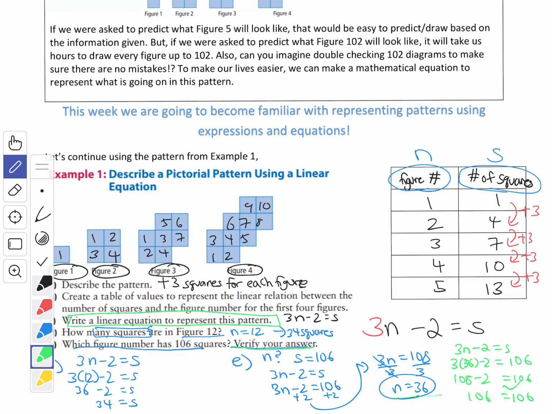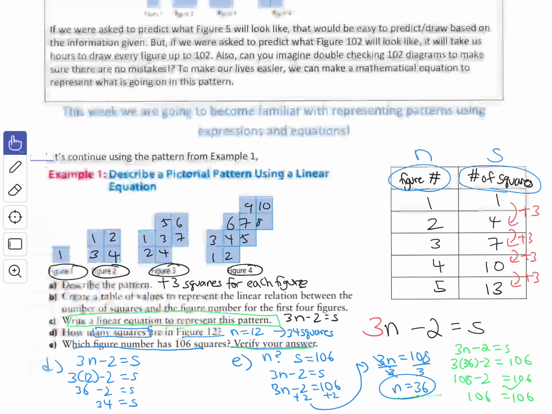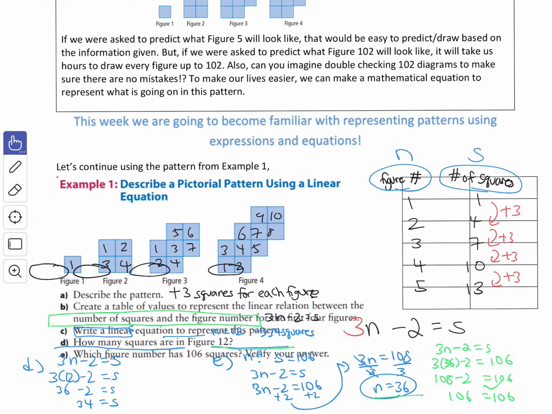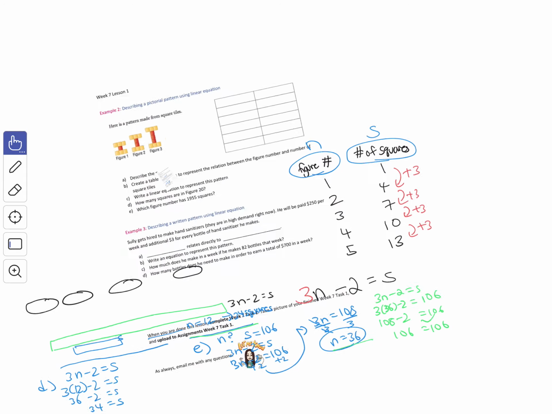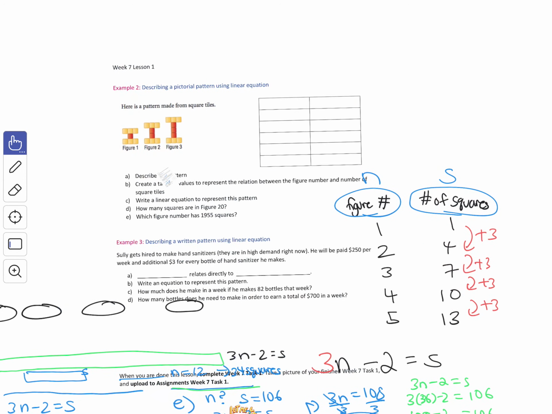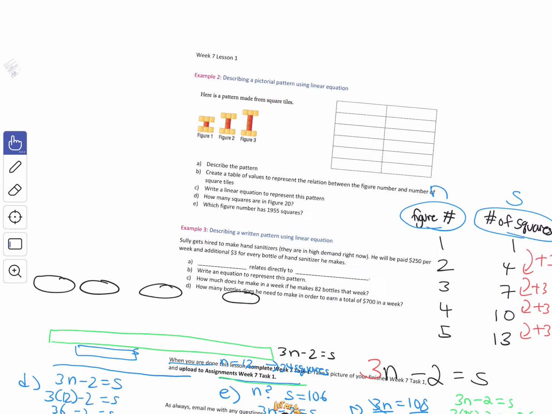Okay, see how the later two parts are just solving equations, and you've done that before. Okay, so we are good to go with that. Okay, let's try a few more questions so that we can be familiar with making equations. Okay, oh, where's our second page?